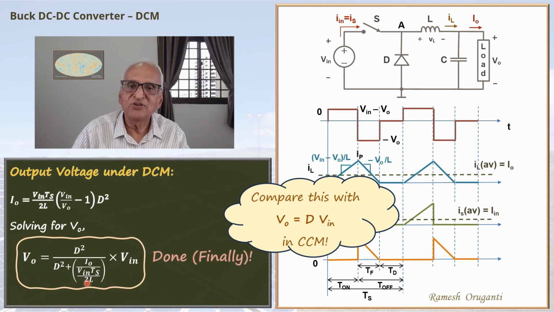If you assume that the frequency and the inductance are fixed, the output voltage will depend on the duty cycle, the load current, and the input voltage. So with the load current, the output voltage will vary drastically in DCM. This is typical in DCM operation.